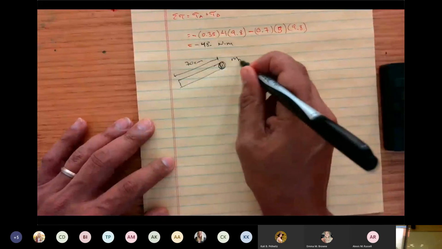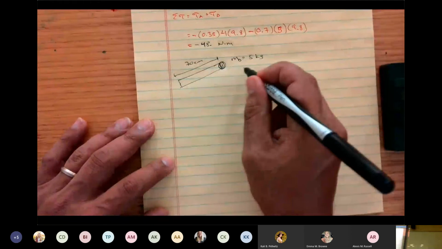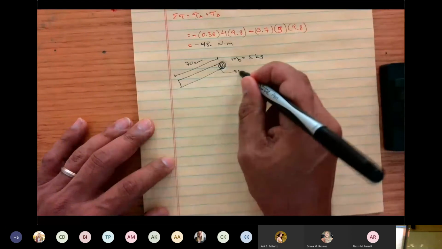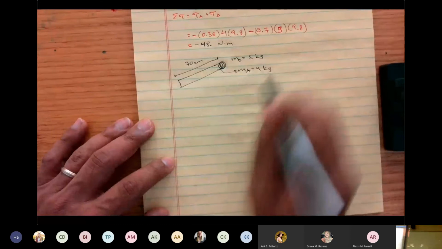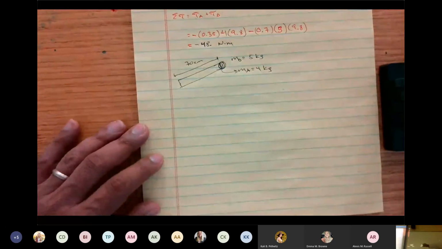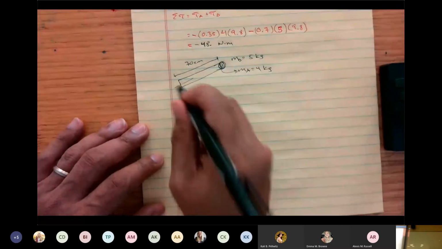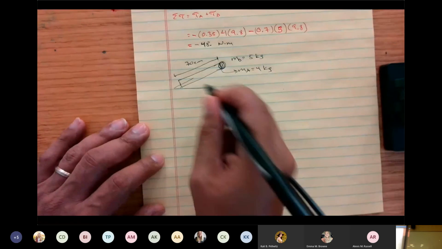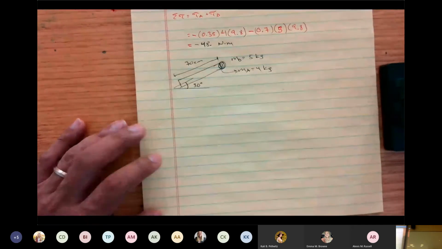The mass of the dumbbell is still 5 kilograms, and the mass of the arm is still 4 kilograms. But now we're lifting our arm, and instead of being completely straight, parallel to the ground, we're gonna have a 30-degree angle.